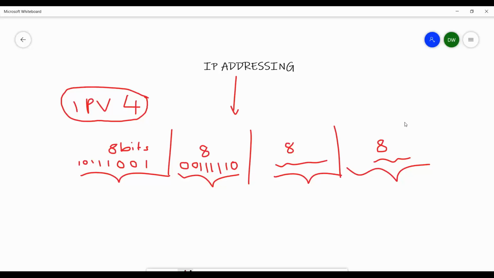So altogether how many bits do we have? We have 32. How does it become 32? 4 8s, right? 8 times 4 means 32. So altogether in an IPv4 address you have 32 bits, and it is divided into 4 sections.